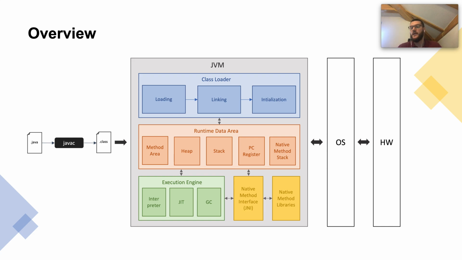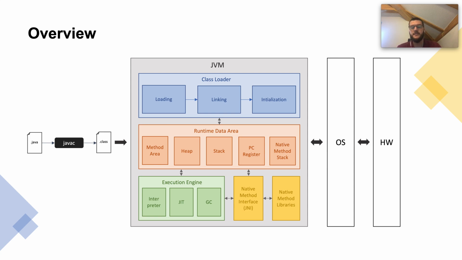It will then allocate the necessary memory for all that, and execute our bytecode instructions by calling native libraries. Finally, when we return from the main method, the public static void method, the JVM as well as the process itself will be terminated.